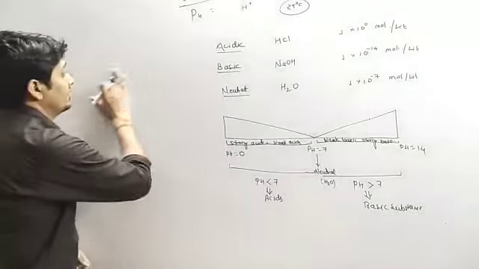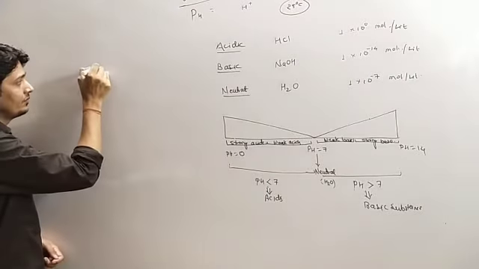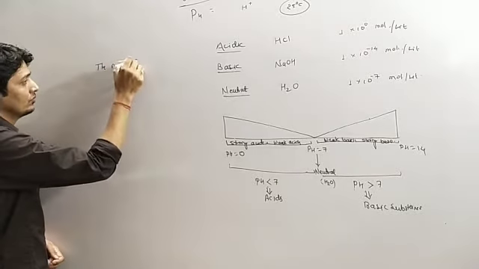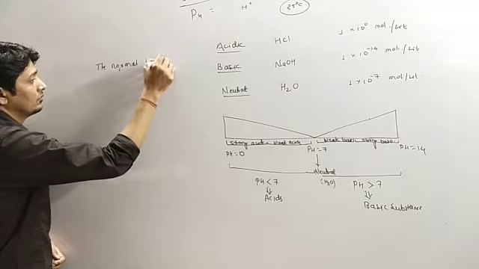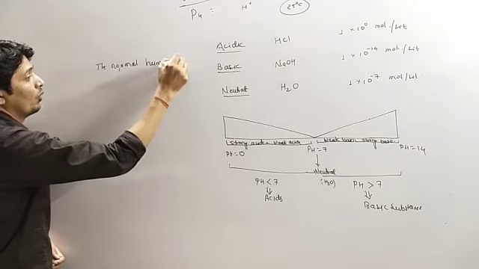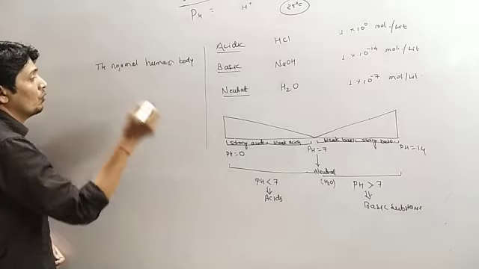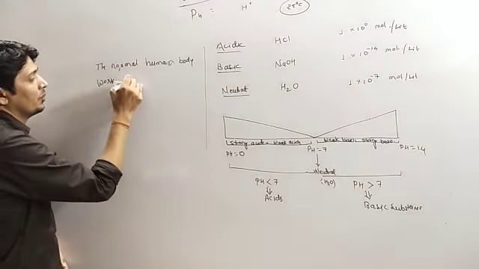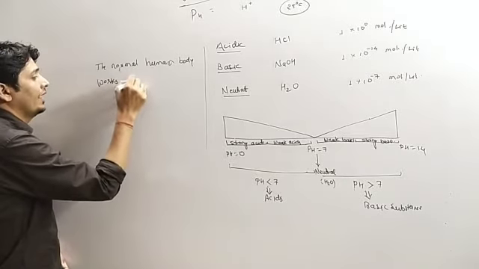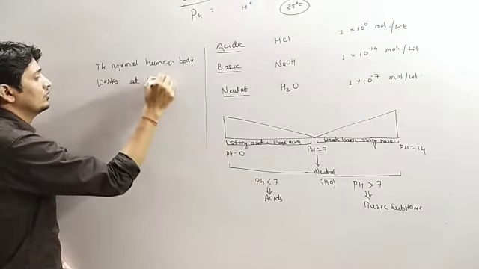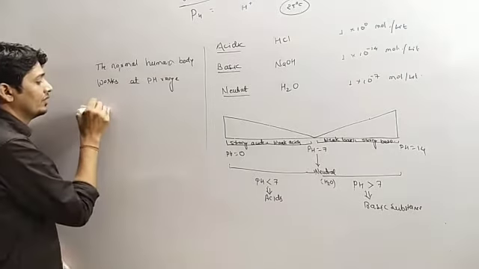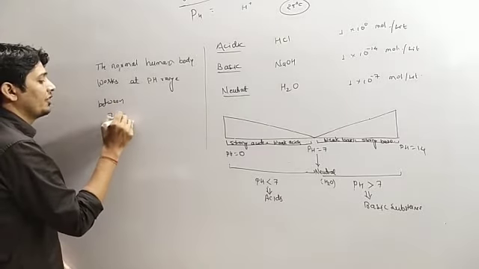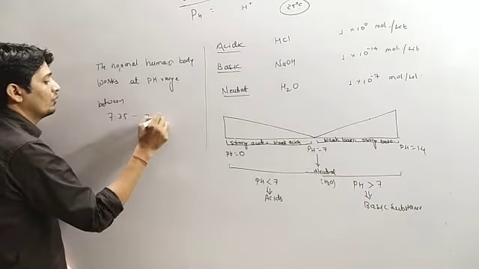So we have to write here that the normal human body works at a pH range between 7.35 and 7.45.